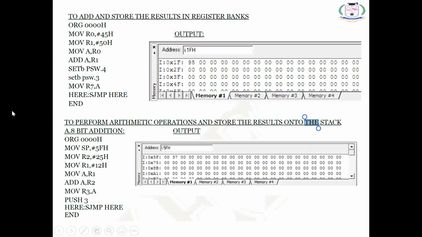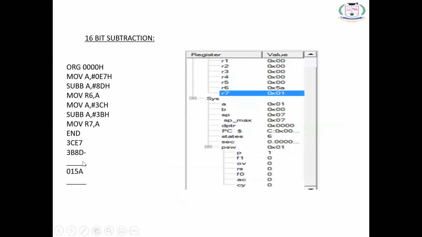So first this 5A should move to R6. Now R6 is holding 5A. Then my higher order byte, 01, should move to R7. Accumulator content to R7. So R6 is 5A, R7 is 1. Within 4 to 5 lines, we have written the 16-bit subtraction.